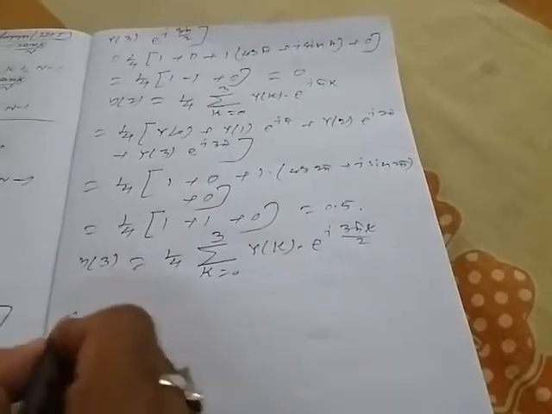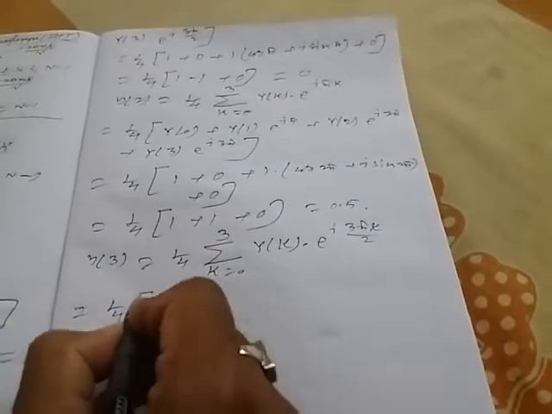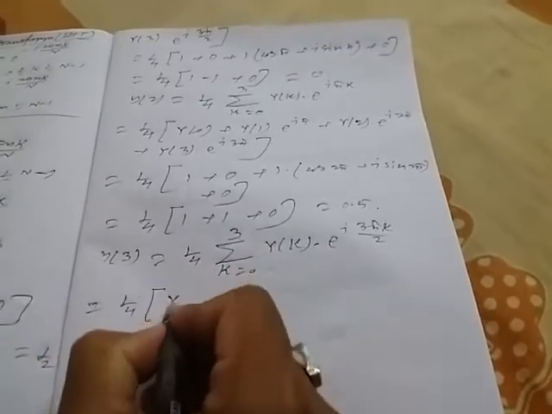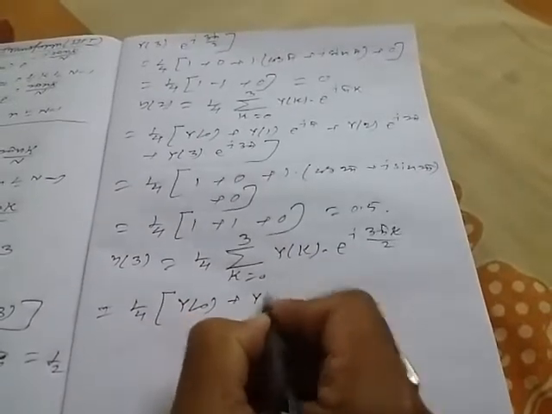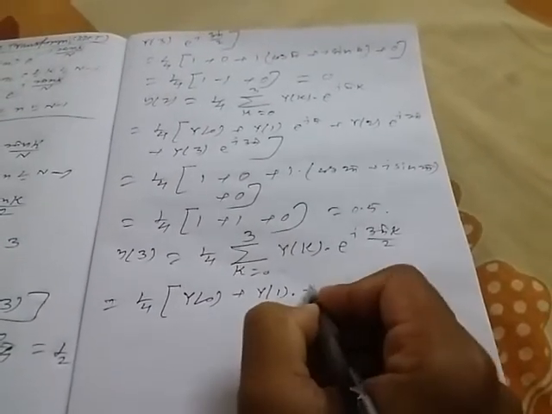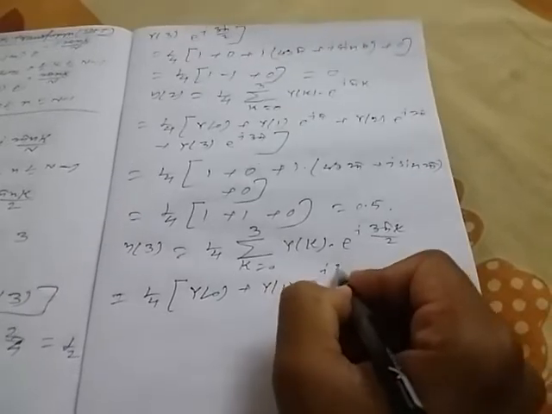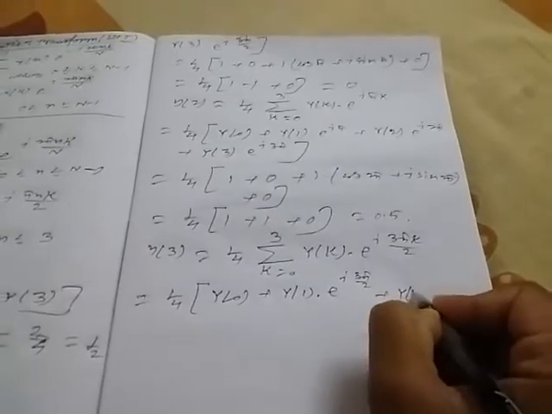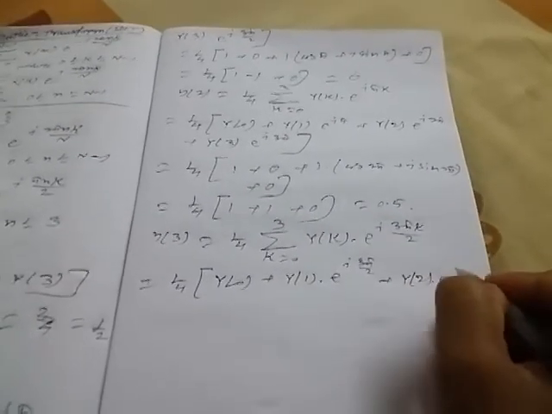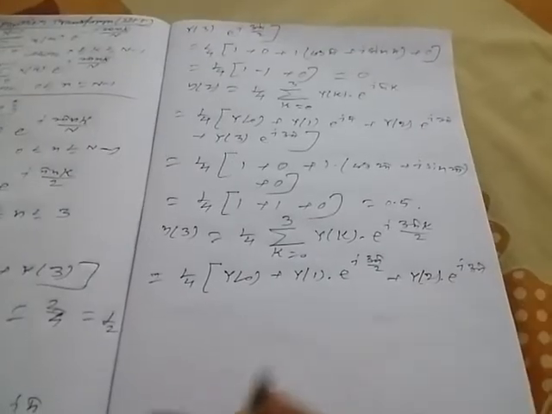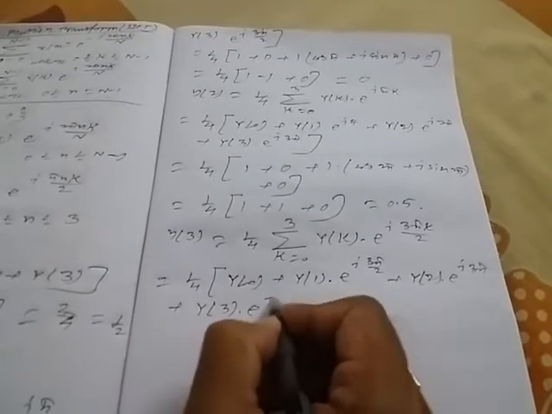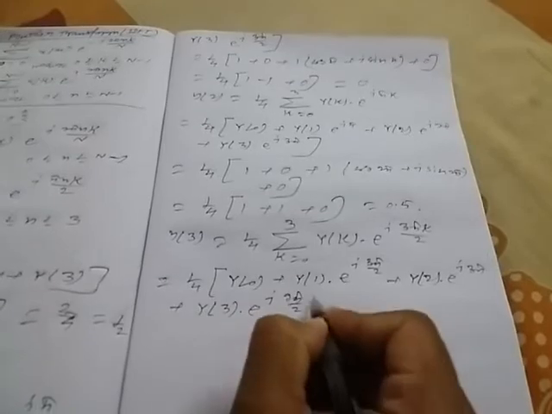If we expand the series, it will be 1 by 4, Y0 plus Y1 into e to the power j 3 pi by 2 plus Y2 into e to the power j 3 pi plus Y3 into e to the power j 9 pi by 2.